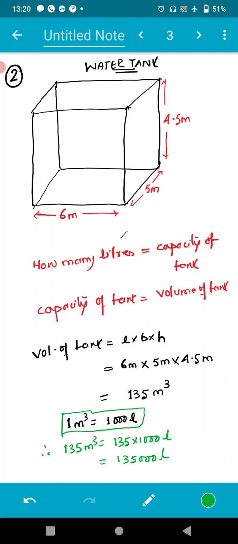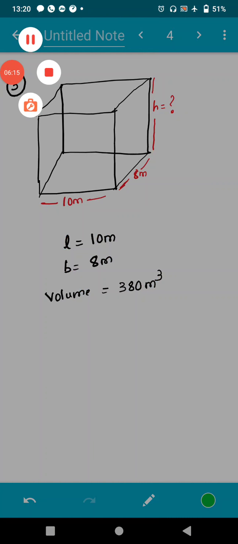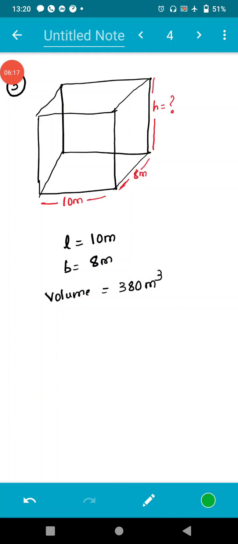Now let's move on to the last sum of today's session, that is question number 3. Yes, now as you see on the screen, in question number 3, a cuboidal vessel is given where the length is mentioned as 10 meter and width is given 8 meter, and you have to find out the height, and one more thing is given, that is volume.